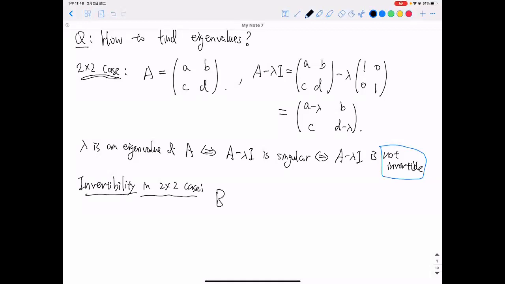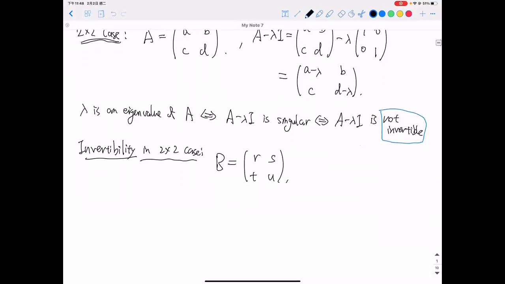If my matrix B is of this form, R, S, T, and U, then let C be the matrix with U, minus S, minus T, R. Yeah, I think this is correct.